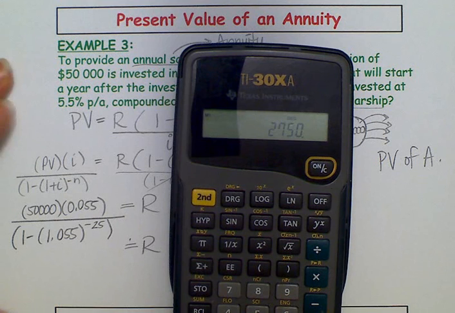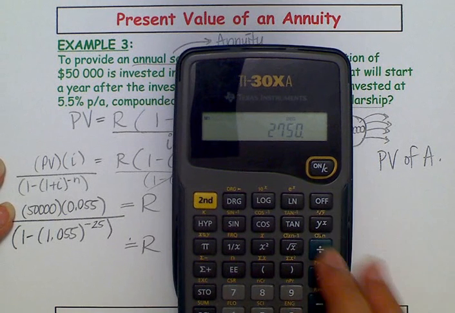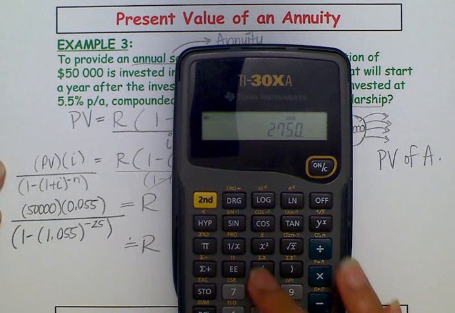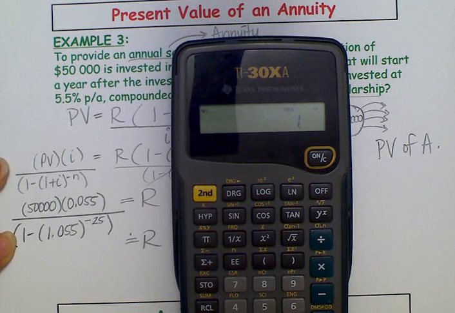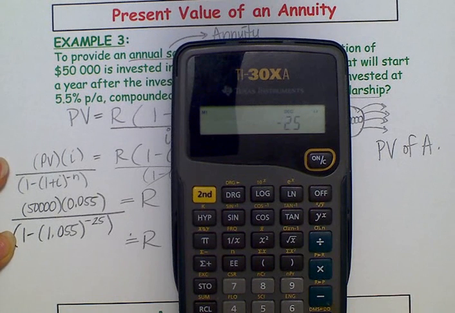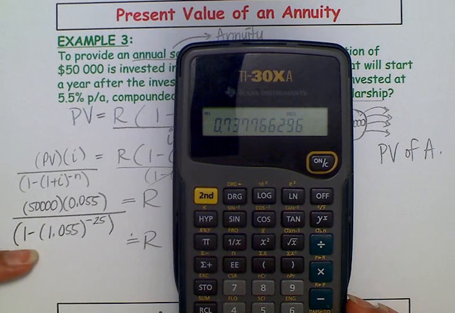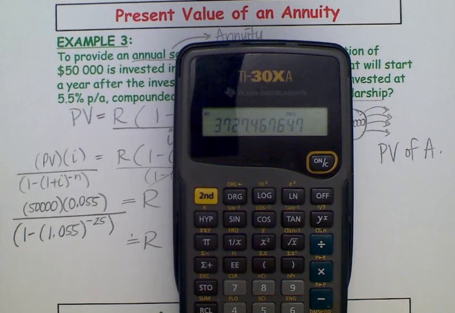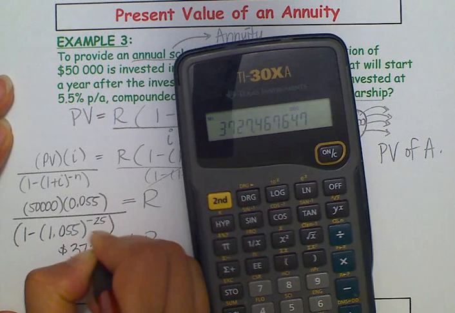I'm evaluating what's in the numerator first so that I can eventually divide it by the denominator. So divided by bracket 1 minus 1.055 to the exponent negative 25, end bracket, so that's the value of the denominator right now. If I press equals, it'll divide each other out to get about $3,727.47.